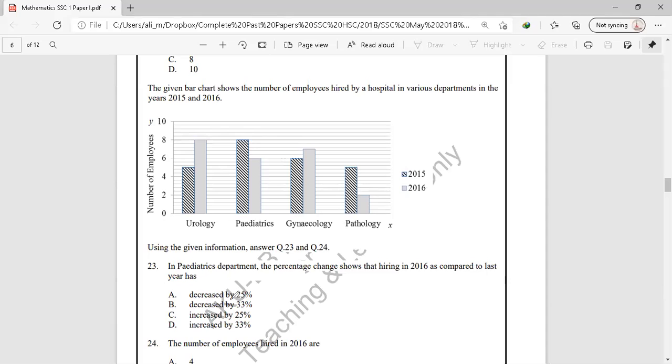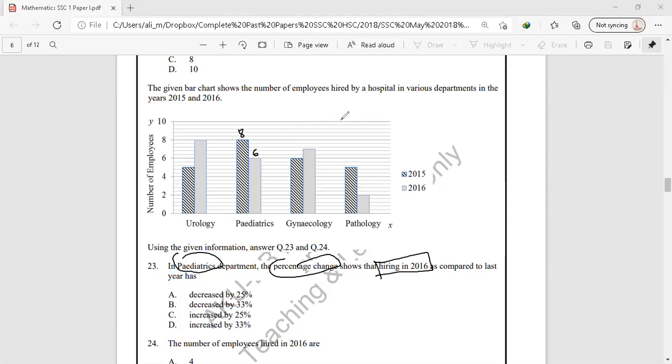In the pediatric department, the percentage change, we are talking about this department, and we have to find the percentage change that shows the hiring in 2016 as compared to the last year. So as we can see in the pediatric chart, in 2015 the number of employees was 8, and in 2016 the number of employees is 6.